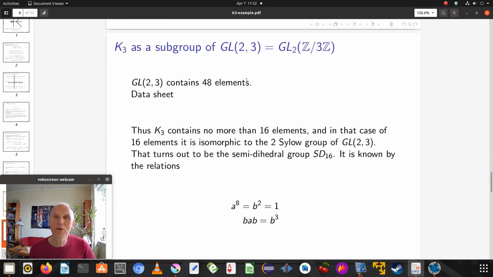Actually, we know that it's a subgroup of the general linear group GL(2,3), that means two-dimensional matrices modulo 3Z. And it's known to contain 48 elements. I knew that, but I didn't know the group.